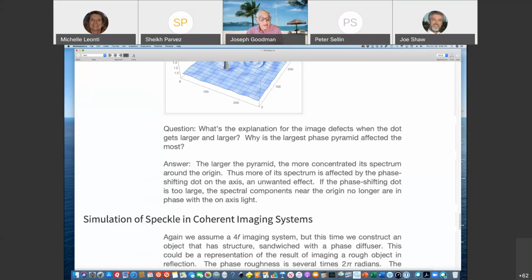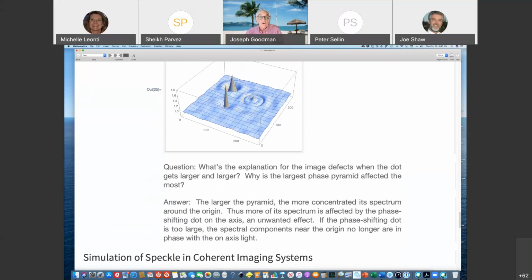If the phase shifting dot is too large, spectral components near the origin are no longer in phase with the on-axis light. And this destroys the ability of the phase contrast process to show the phase. So this will happen as we open the dot up bigger and bigger. It will happen also to the other pyramids.